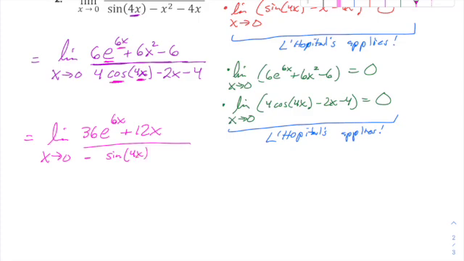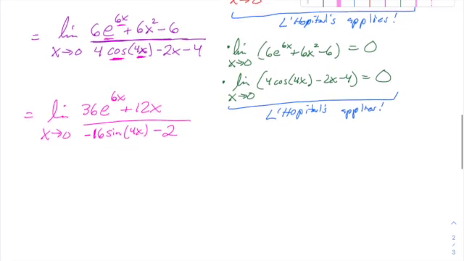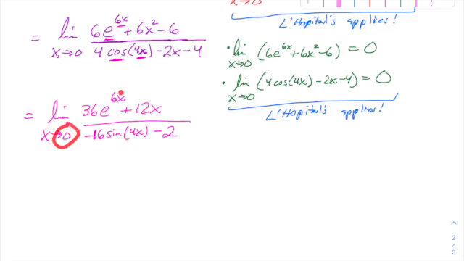So that's going to give 16 as your coefficient. So negative 16 sine of 4x minus 2. And now let's take a look. Do we get indeterminate again? If you plug in 0, you're not going to get 0 on top. You're going to get something other than that.